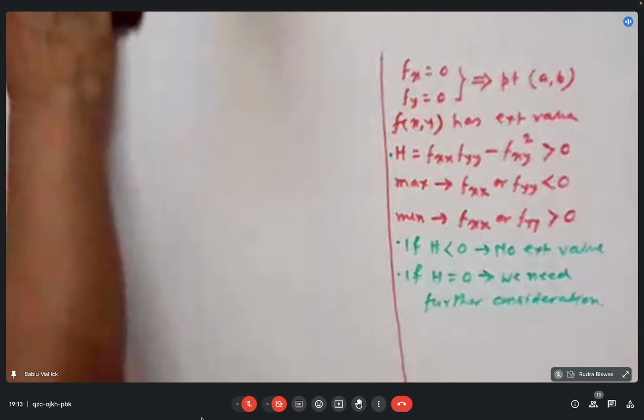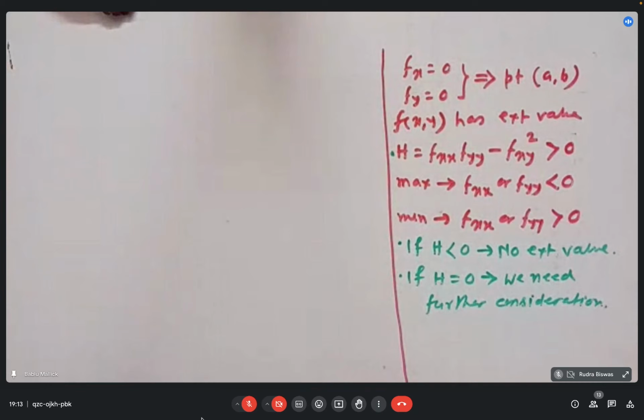So we shall use this result. Find extreme values of the following functions, if they exist.